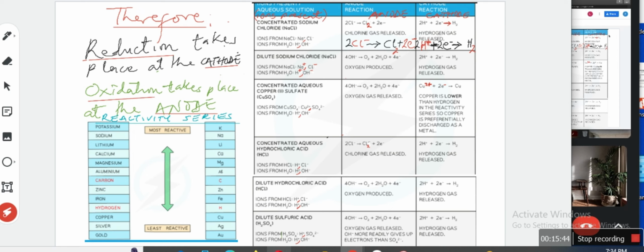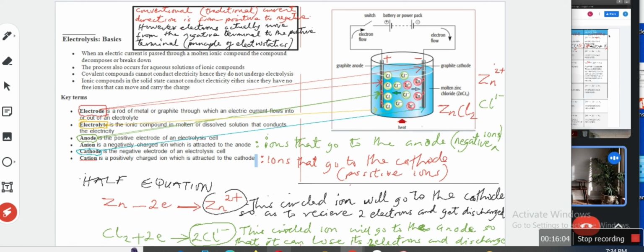Oxidation is gain of oxygen, loss of electrons, loss of hydrogen. In this case, only explain it in terms of electron transfer. Oxidation is loss of electrons. So go back to the previous page so that you see how that plays out.